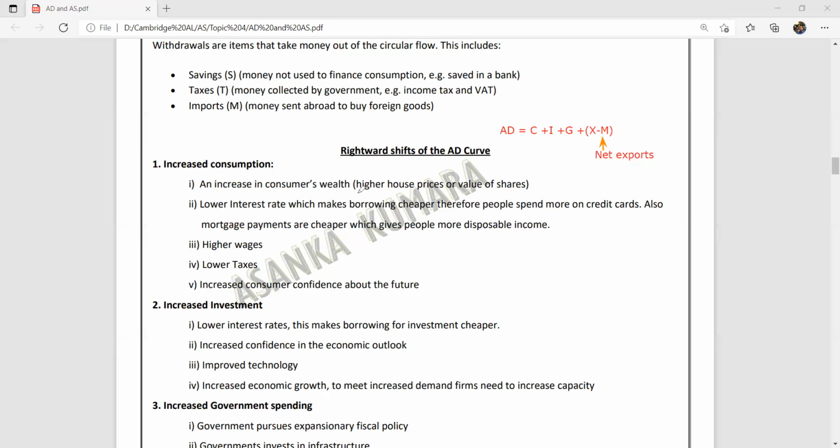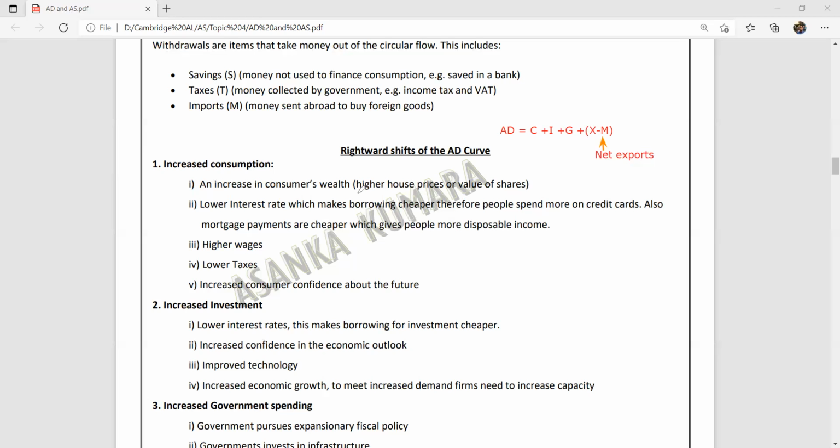Sometimes a lower rate of interest, special credit cards, or any loan, personal loan, mortgages, whatever. If so, people will borrow and spend, higher consumption. Then higher wages, so income. If people have better wages, they spend a lot, an increase in consumption. Lower taxes.